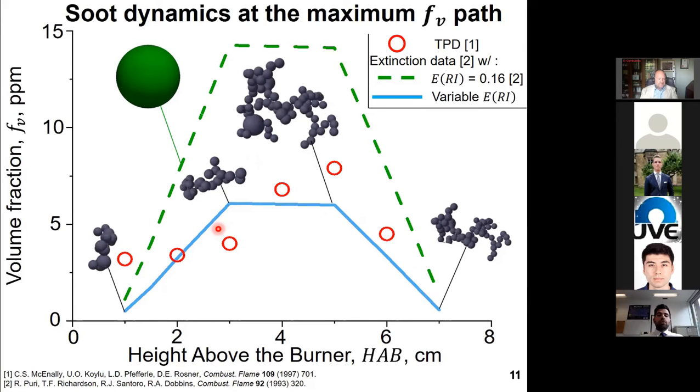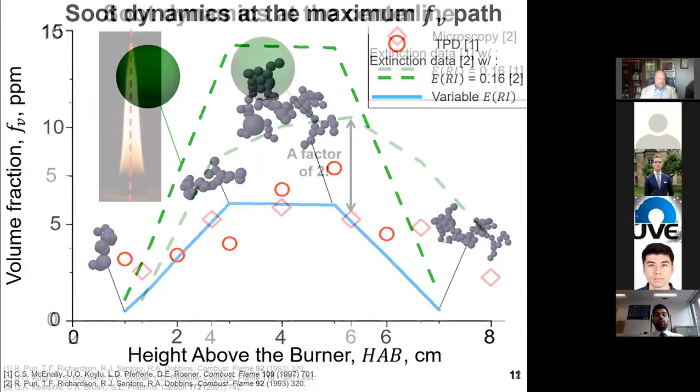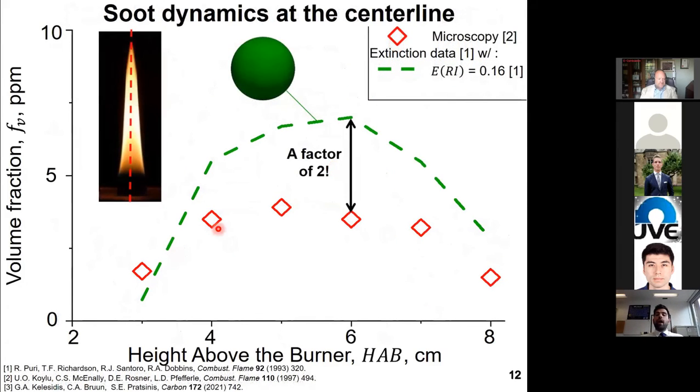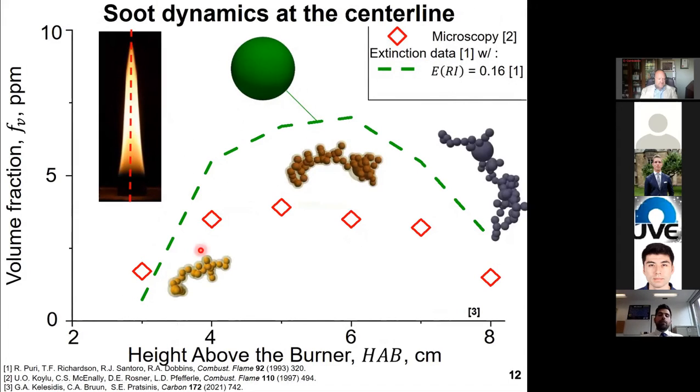So we also looked into the evolution of the soot volume fraction at the center line of the diffusion flame. Here, though, please notice that at small heights above the burner, we have the formation of young soot aggregates that also contain significant amounts of organic carbon.